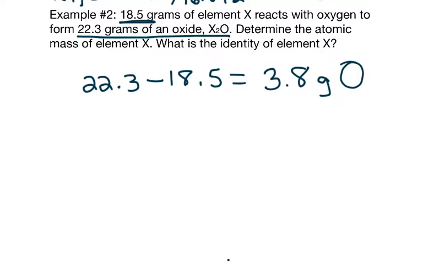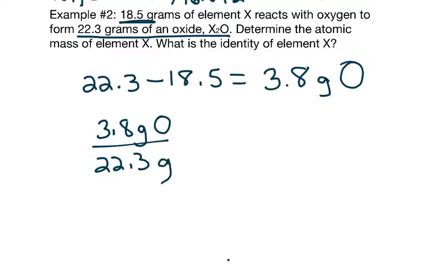And that's useful because we can figure out the mass percentage of oxygen in this particular sample. So 3.8 divided by 22.3 equals about 17% oxygen.